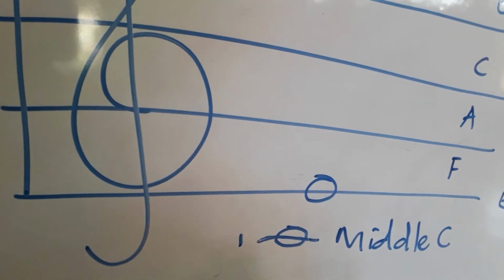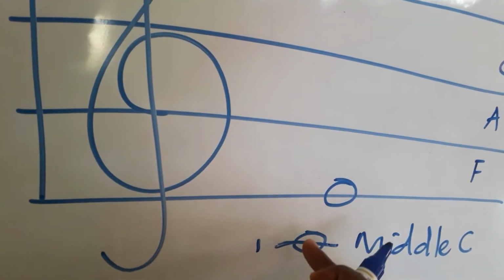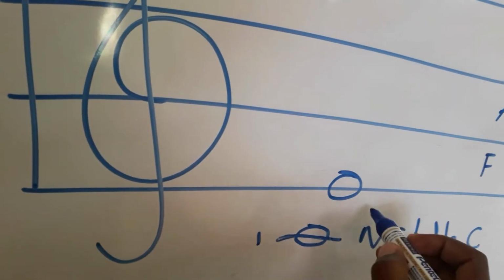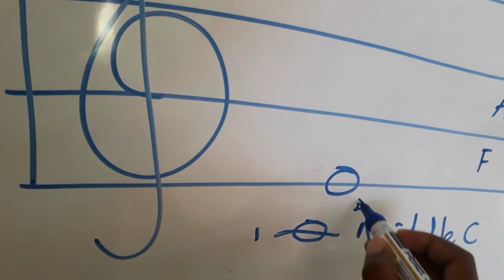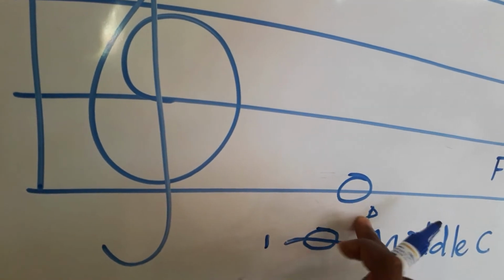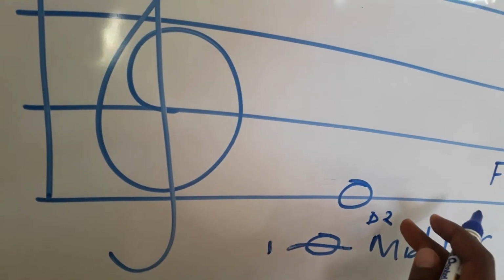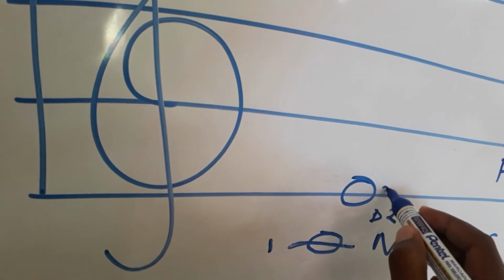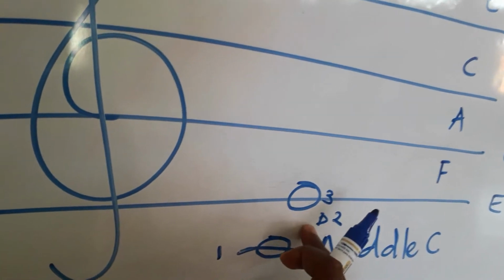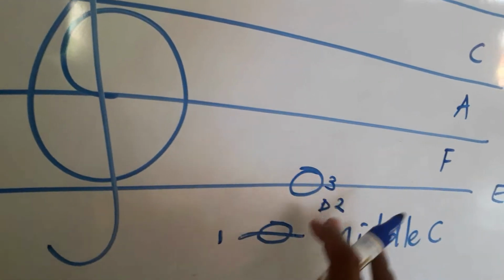From C, the space between this note and this one is where D is, like we saw on the piano. So C to D, this is note number 2, and from D to E, this is note number 3. So it's the same thing where we have note 1, note 2, and note 3. Those are the 3 steps that we are taking.